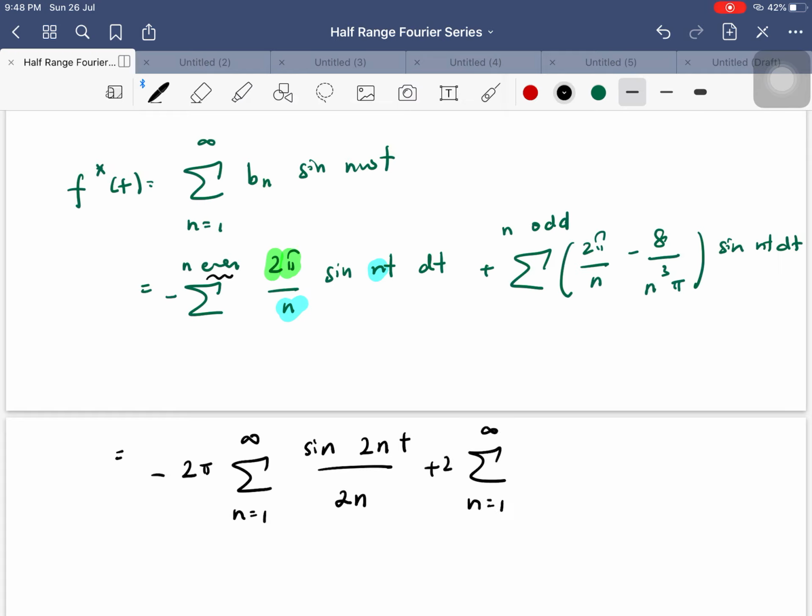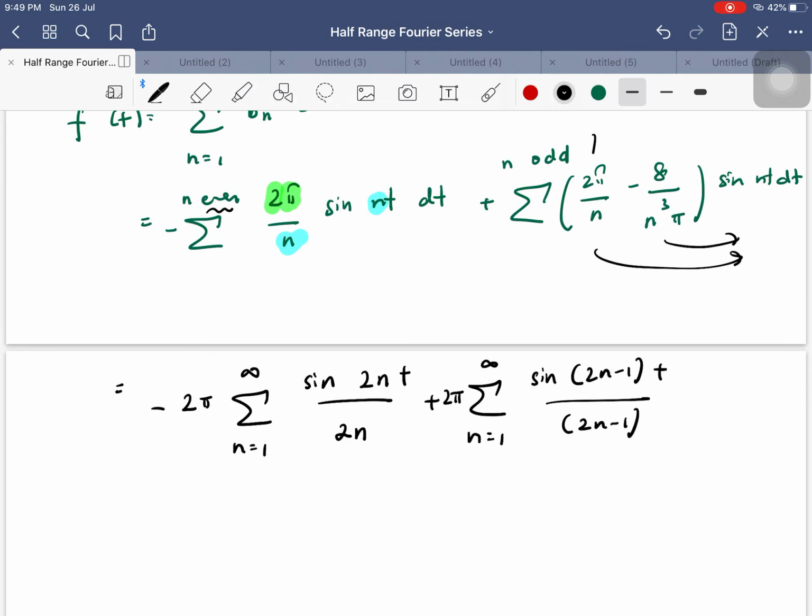So I can actually put the 2 pi outside. I'm referring to the first term first. I'm going to expand this as two different terms. For the first term, I'm going to have sine of (2n minus 1)t, and that is going to be over 2n minus 1.